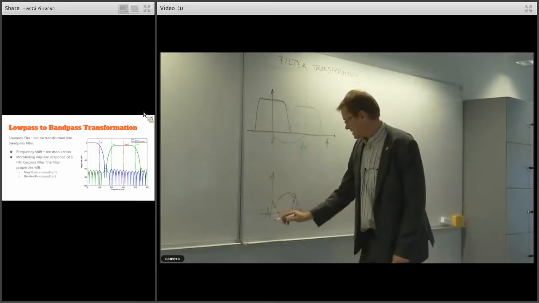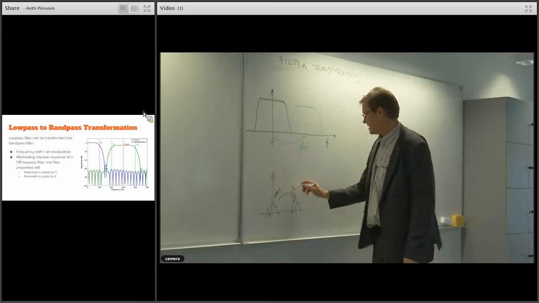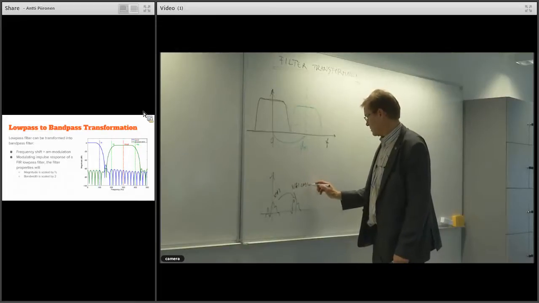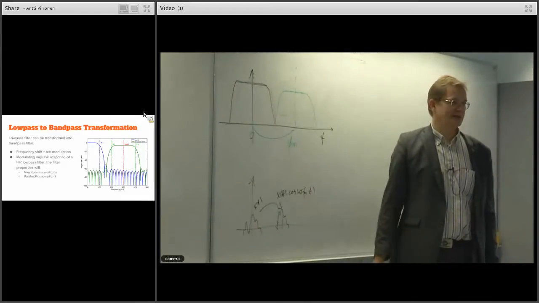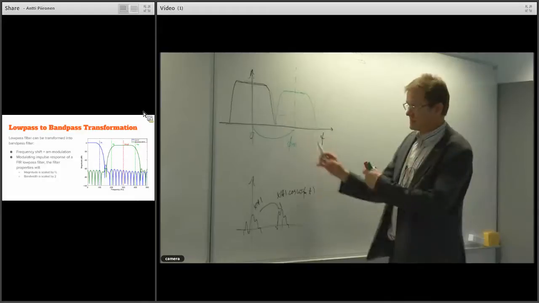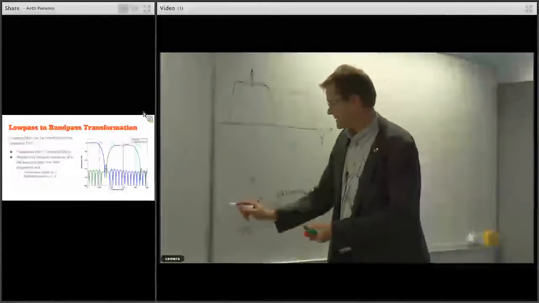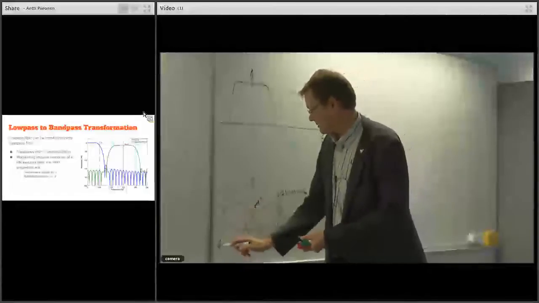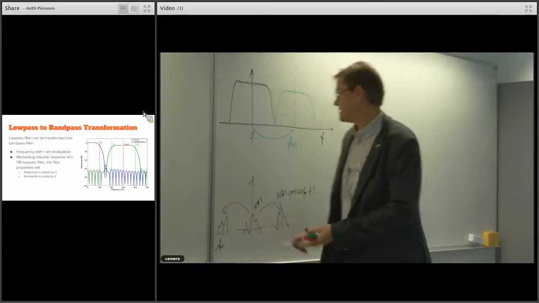If that is our signal x, that will be x(t) times cosine of 2 pi f_m times t. That's what modulation is all about. And it's also there at minus f_m, the same peak.